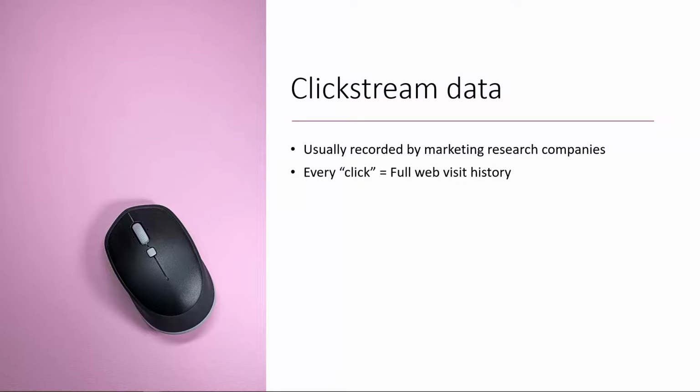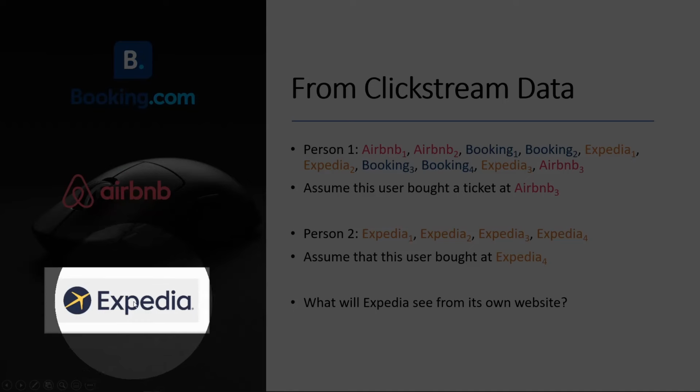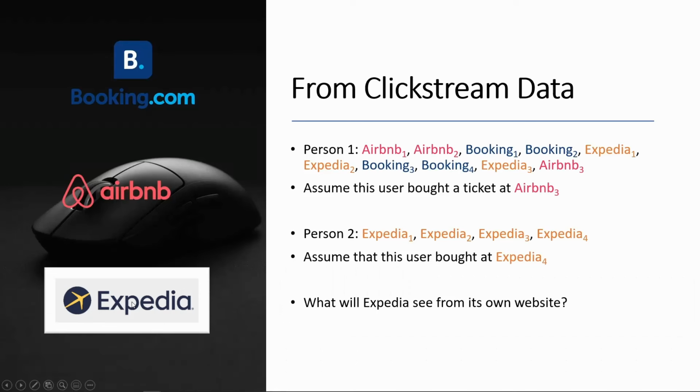Let's say we have 3 travel booking sites: Booking.com, Airbnb, and Expedia. And the consumers may go there to visit these websites before they book their trips. And for illustration purposes, here are 2 people.